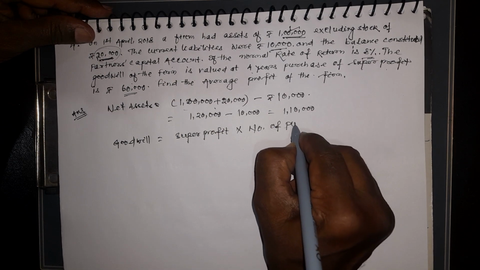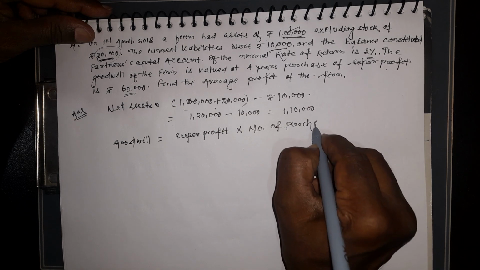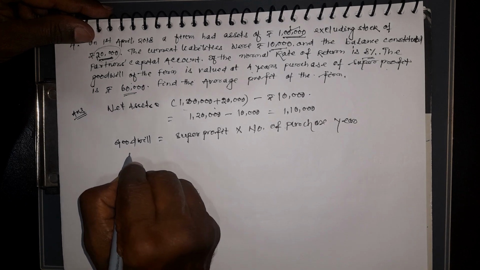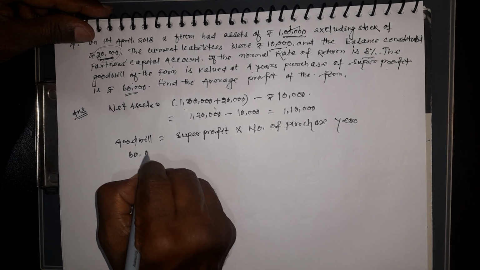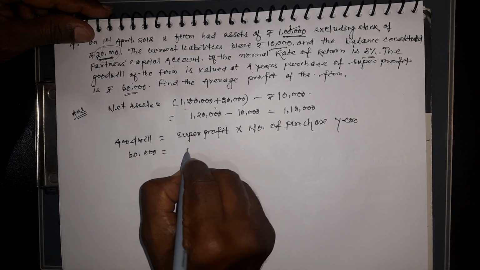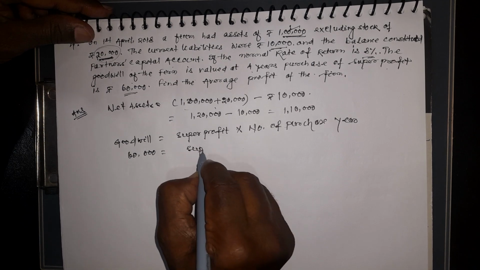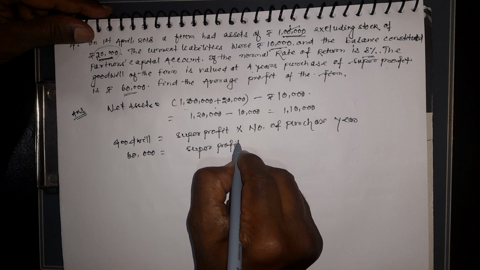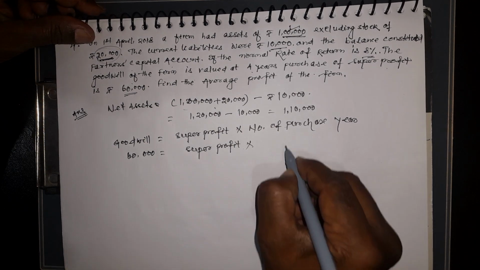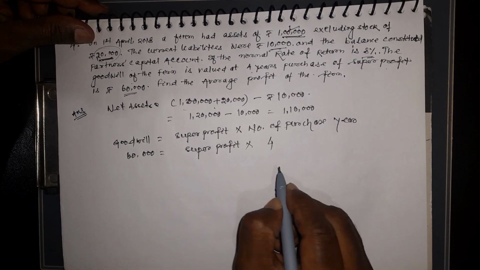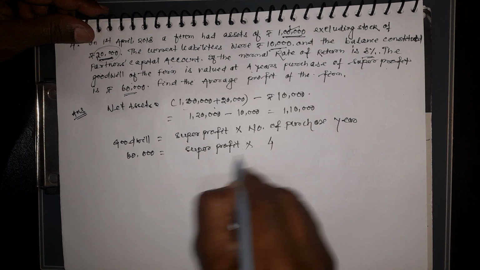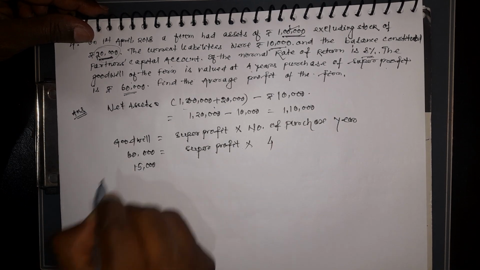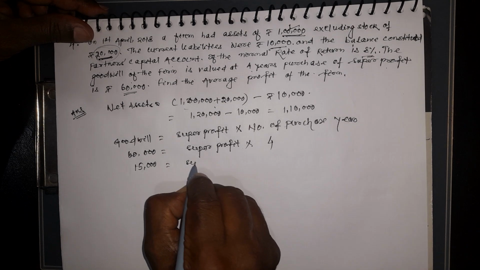On that basis, goodwill value is given as 60,000. So super profit into number of purchase, which is given as 4. So it will be divided by 4, and super profit will be 15,000.